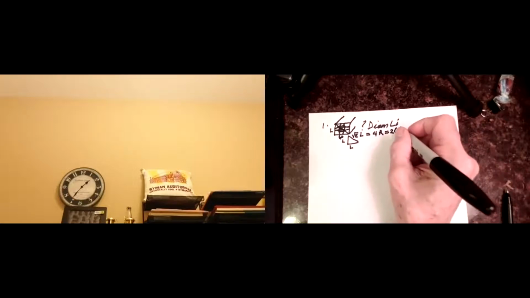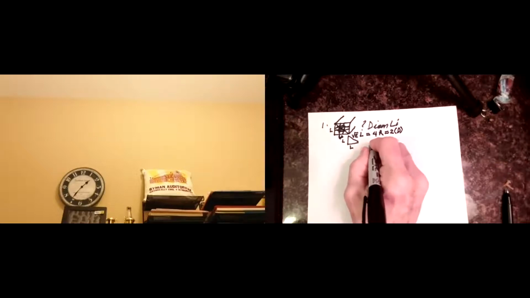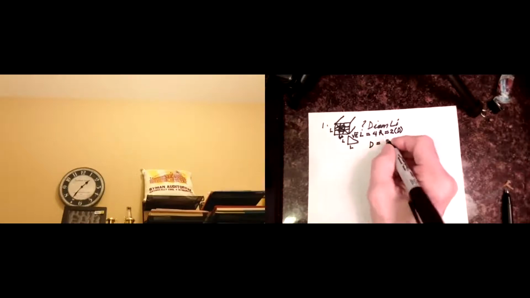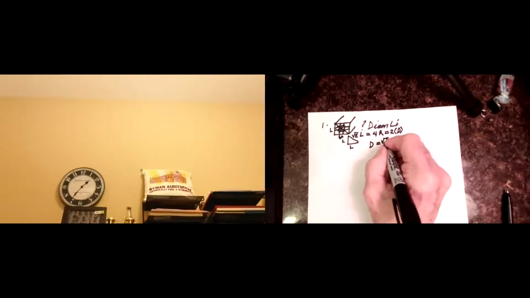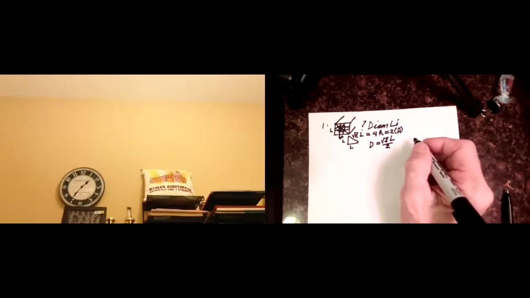So if I solve for the diameter, it's equal to the square root of 2L divided by 2. So I can put those numbers in, and I should be able to work the problem.